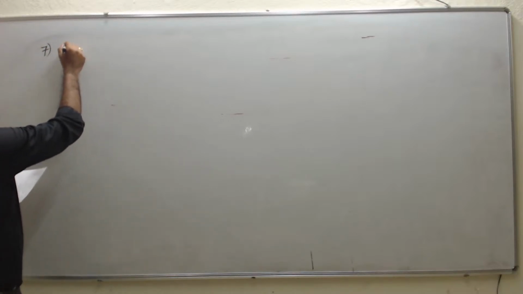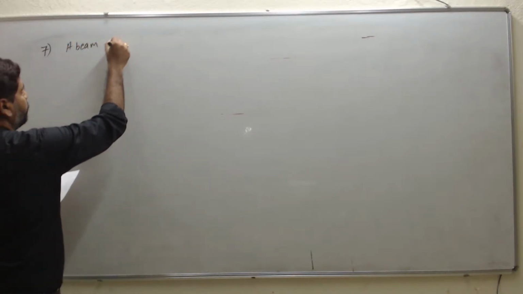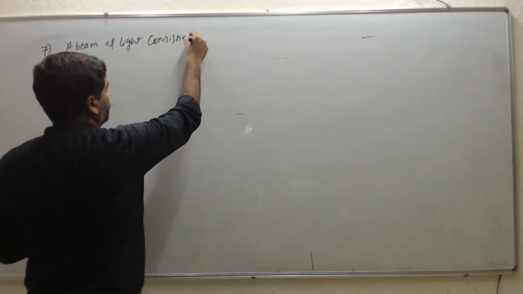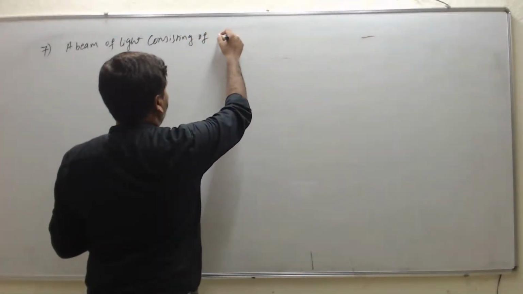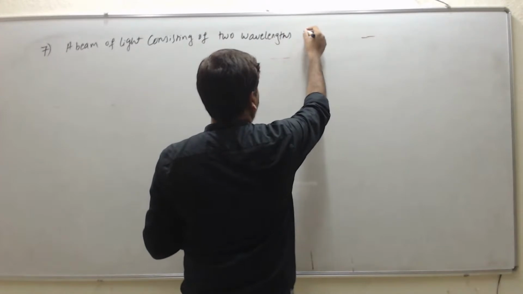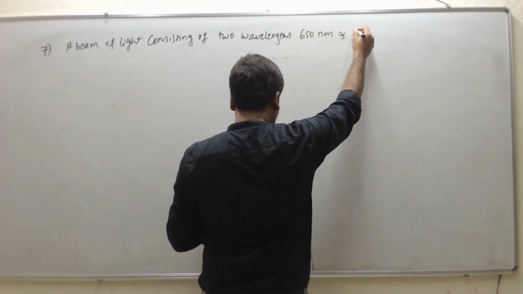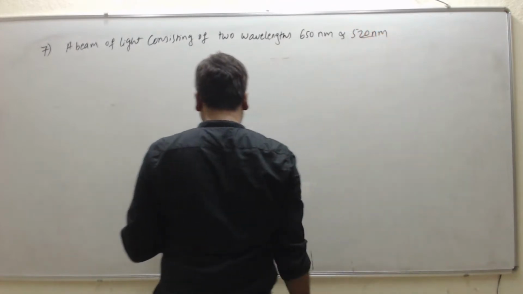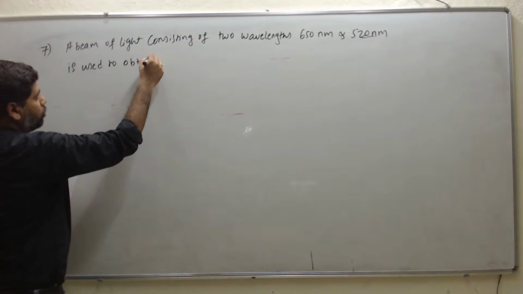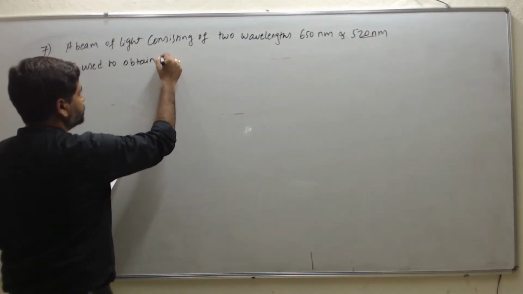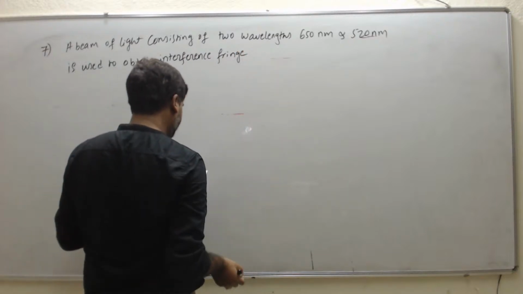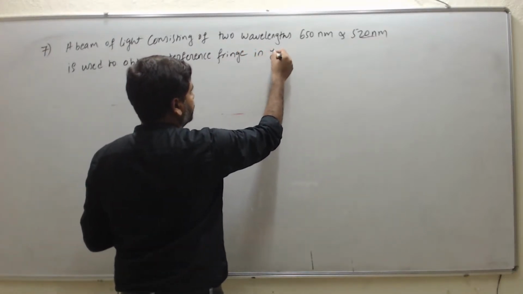Say a beam of light consisting of two wavelengths, 650 nanometer and 520 nanometer, is used to obtain interference fringes in Young's double slit experiment.